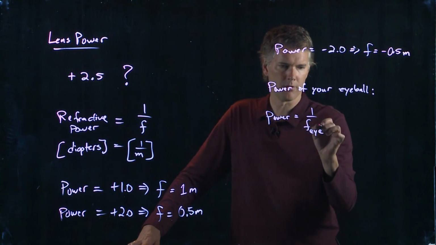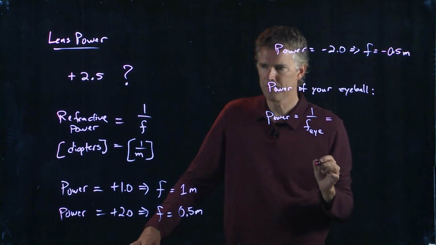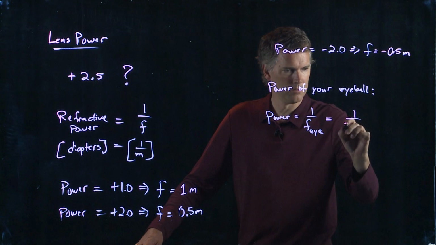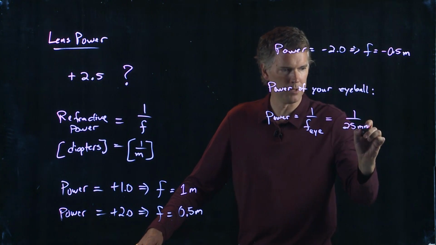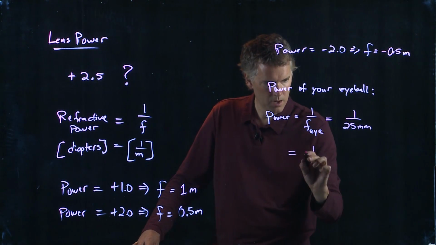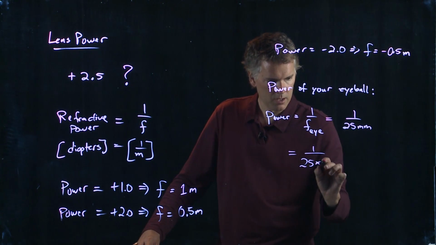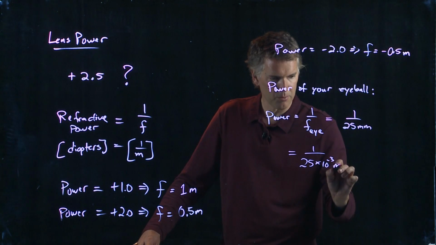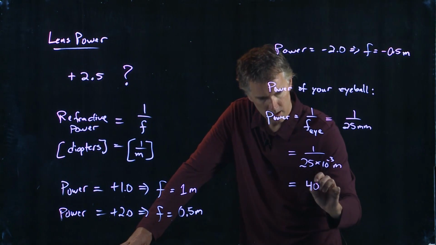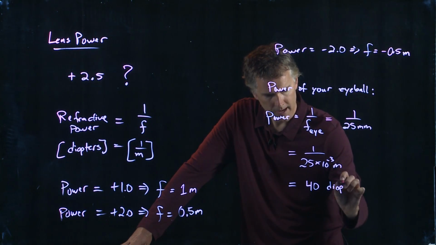And we talked about the focal length of your eye last time. It has to be basically the size of your eye, which is about 25 millimeters. Okay? And so this is 1 over 25 times 10 to the minus 3 meters, which is 40 diopters.